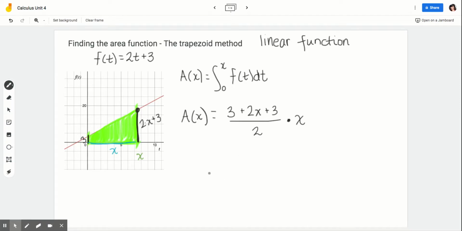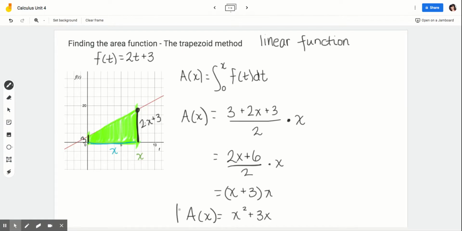Okay, now to simplify that, I get 2x plus 6 divided by 2 times x, which gives me x plus 3 times x, which gives me x squared plus 3x. So that's my area function if I want to start at 0 and end at x.